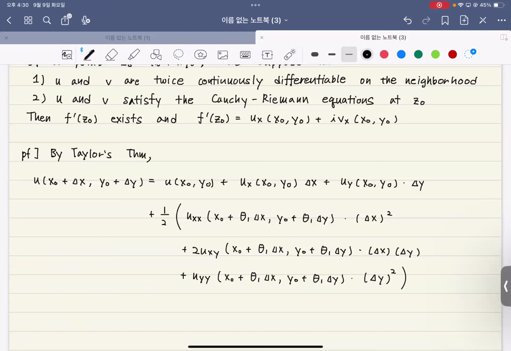All right, good. So this is Taylor's theorem. Sorry, this one should be theta 2. Whatever, this doesn't matter too much.